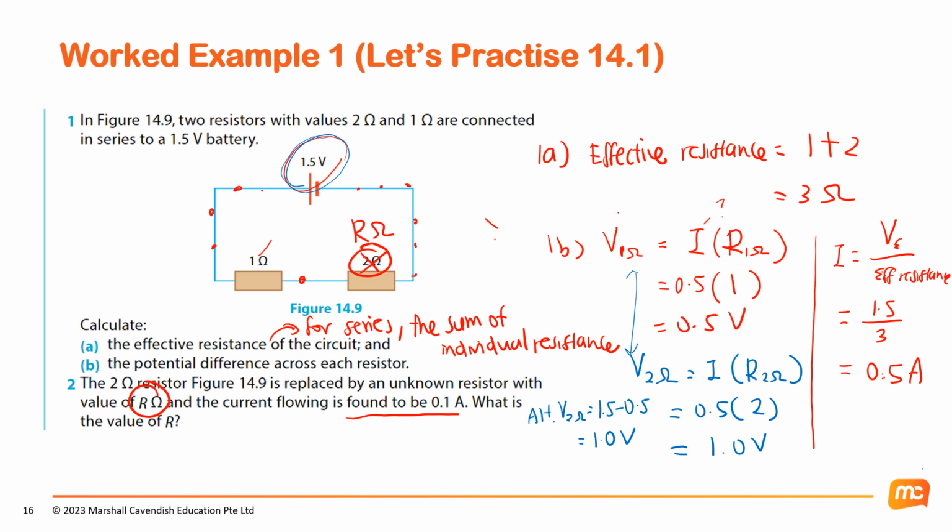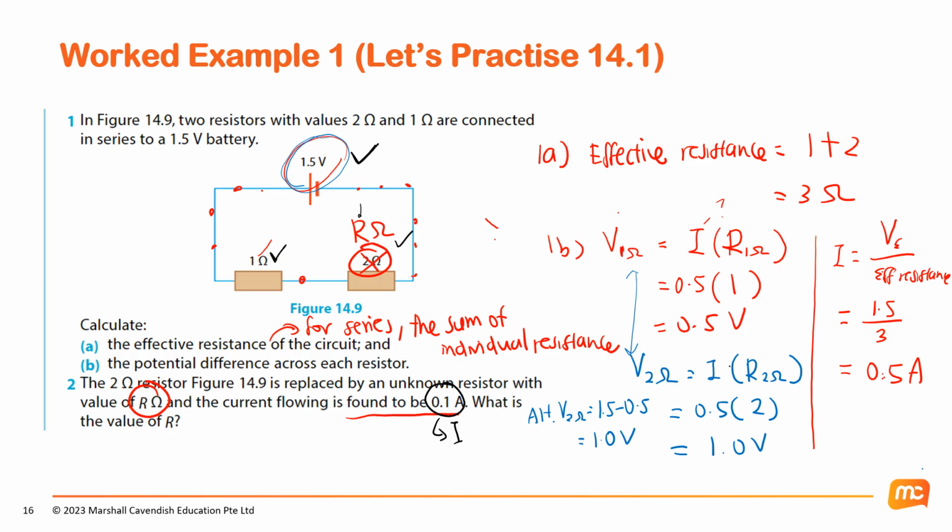Okay, so again, we go back to the basics. What values do we have? We have the EMF, and we have this 1 ohm, we have this R ohms. What are we trying to find? We want to find the value of this R, and we have the total current from the circuit.